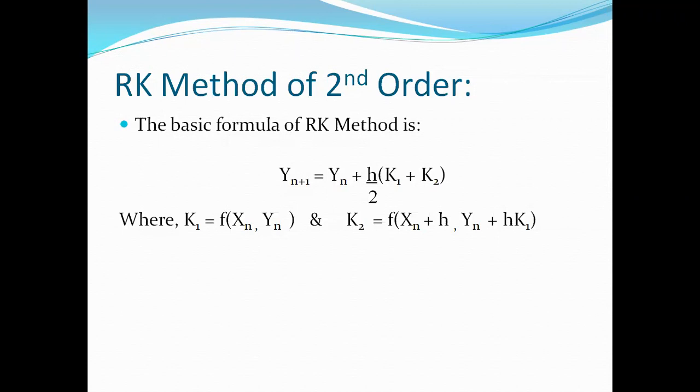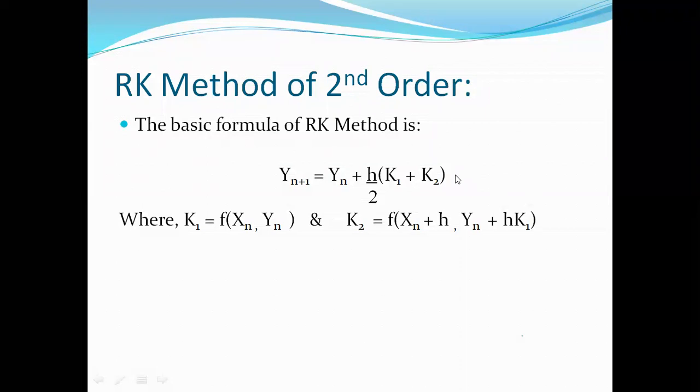As you know, f(x,y) is nothing but dy by dx of a differential equation. Okay, so I hope that everyone has written the formula down. Please someone respond. Yes, sir. Okay, thank you.